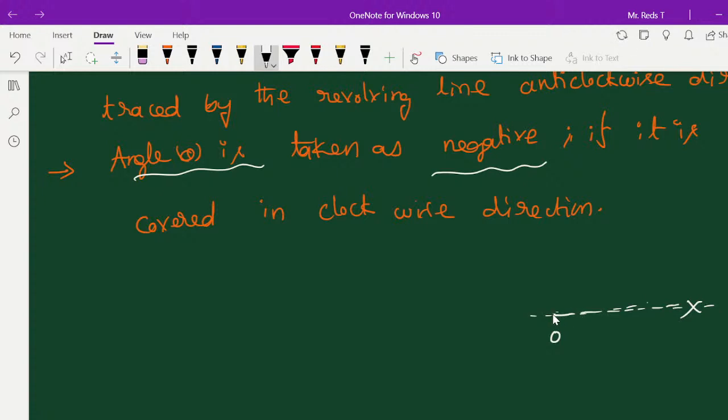Now it has traced in the anti-clockwise direction, so now this is P, through some amount. That amount is called the angle, and here it will be taken as a positive angle. Whereas if it has traced in the clockwise direction instead, then OP is this.